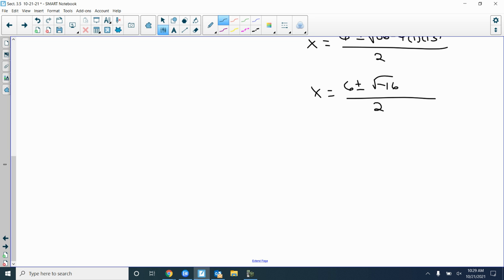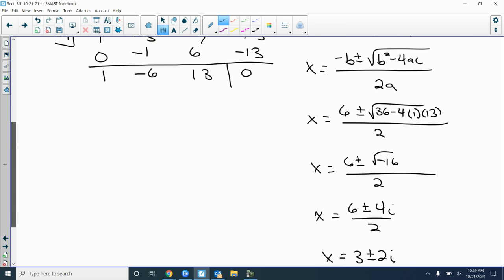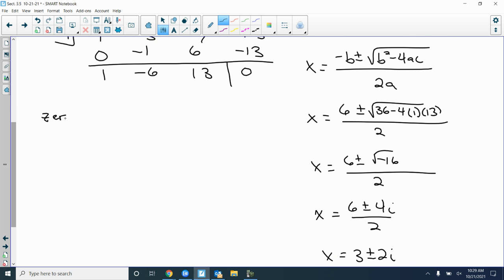So I got x equals 6 plus or minus 4i over 2, which will simplify to 3 plus or minus 2i. So what are my zeros? My zeros are negative 1, 3 plus 2i, 3 minus 2i.